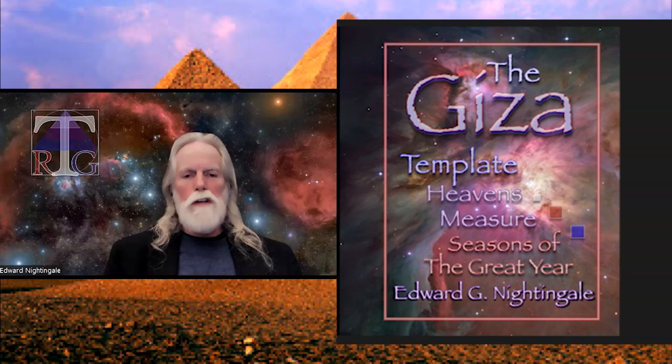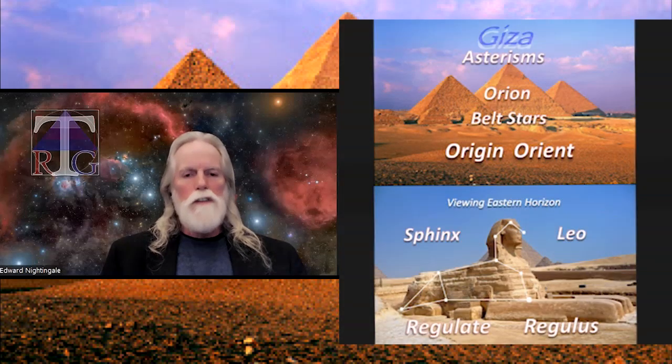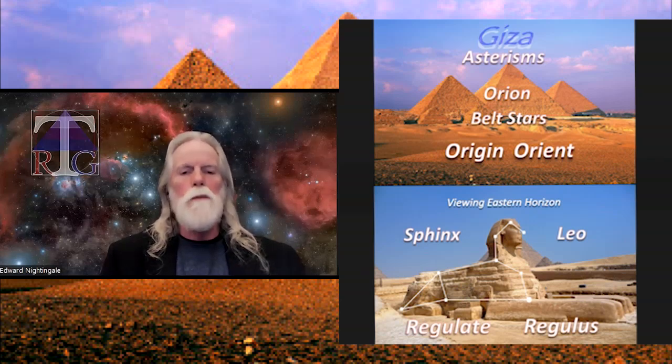Really, there's two celestial aspects to Giza. One being the Great Sphinx, the lion being Leo, and its counterpart in the sky is the asterism in the constellation of Leo, being associated with the zodiac.